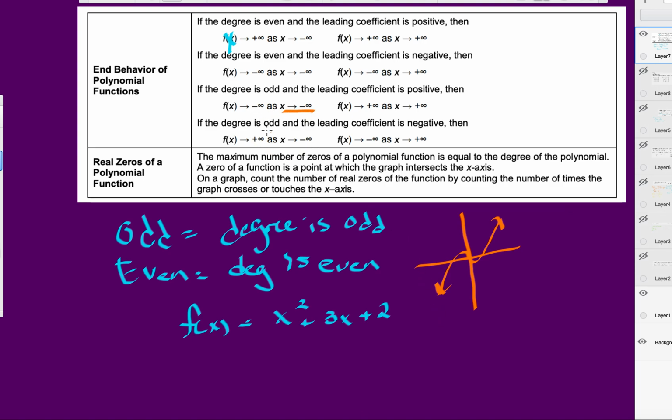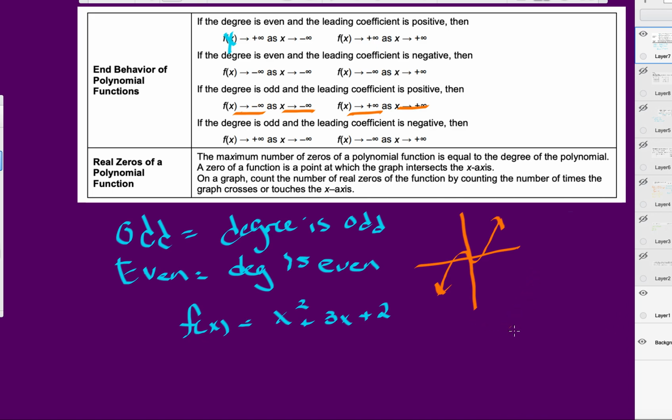As x approaches negative infinity, y is also approaching negative infinity. And as x approaches positive infinity, y approaches positive infinity. I don't know why I crossed it out, but hey, you get the idea.